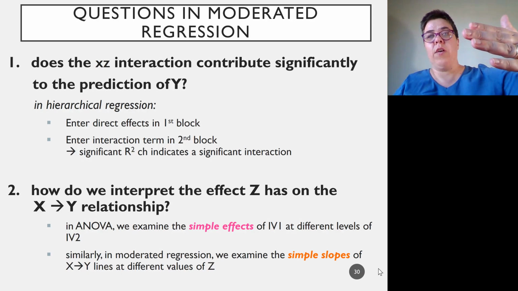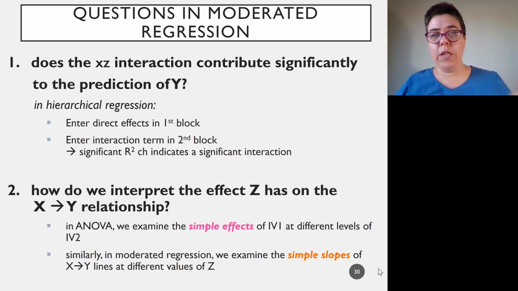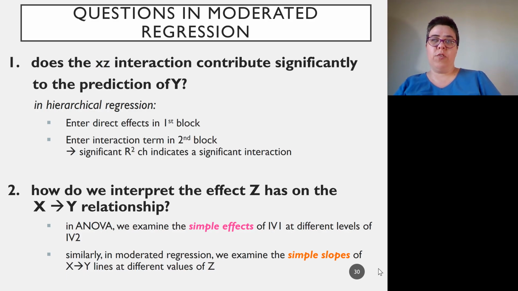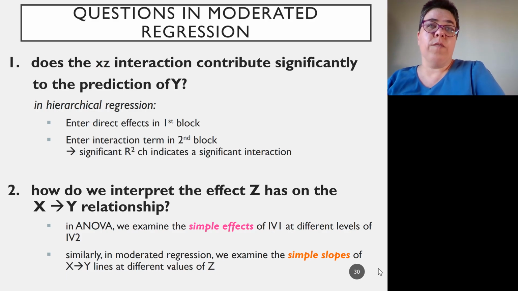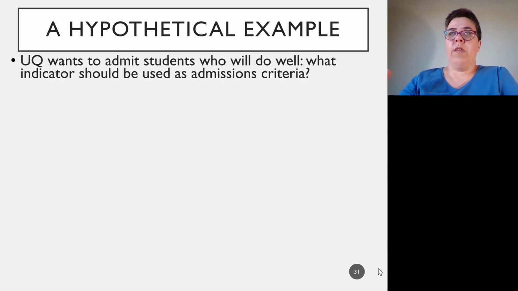And when the interaction R² change is significant, that indicates that the interaction is significant. Then, as a follow-up test, only if the interaction is significant, not if it is not significant, you do the simple slopes of your focal IV at different values of the moderator.